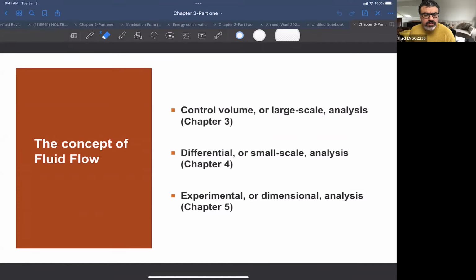The concept of fluid flow is one of the most important analyses that we're going to deal with as engineers, because most of the time we have fluids flowing from point A to point B, from one component to another in a system.